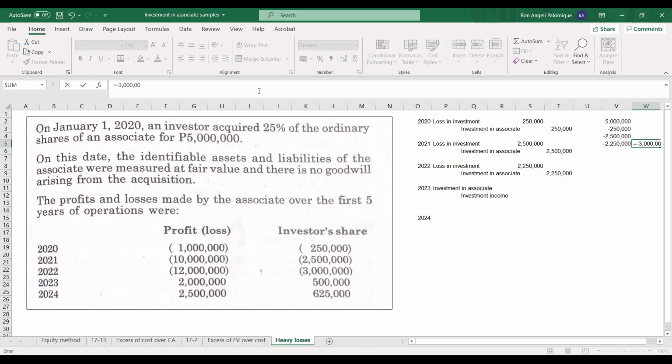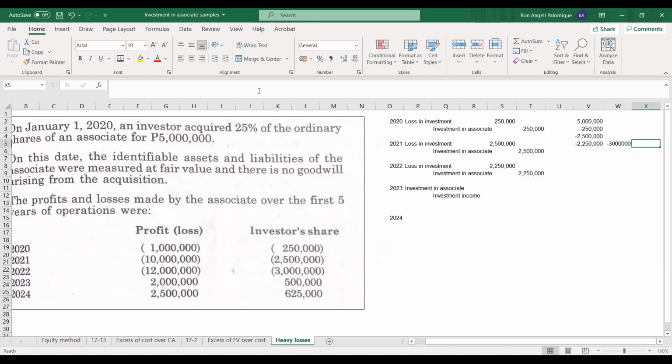So, parang may utang pa ako ng recording na 750,000. So, yung gain ko na 500,000 is hindi ko pwede i-record kasi hindi ko pa nababawi yung 750,000. So, pwede lang mag-record kapag nabawi ko na yung 750,000. So, sa 2023 is no entry tayo.